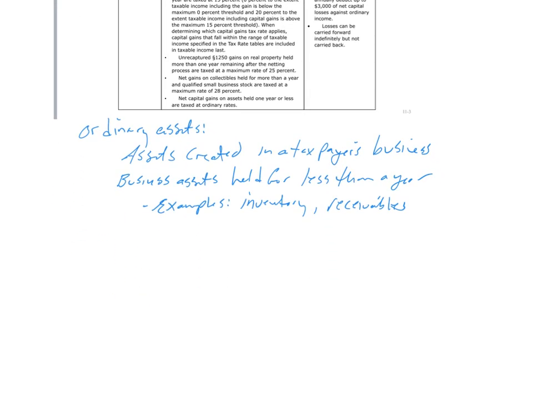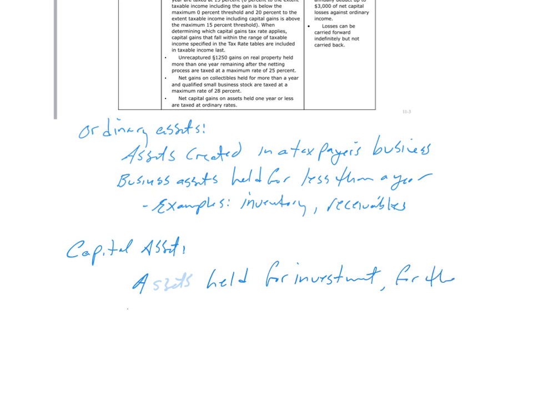And then we have things that are capital assets, all right? And so remember that we have assets held for investment, for the production of income or for personal use.